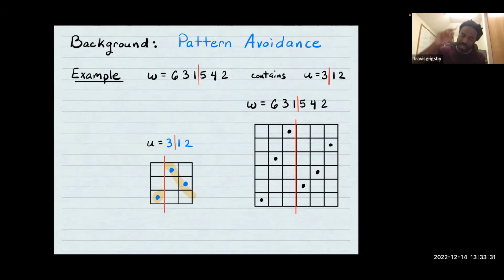I would have to see 2 descending dots on the right-hand side of the division bar, and all of the dots on the right-hand side are increasing. And so I don't contain the split pattern 3 split 1 2 relative to that third position for W. So that's how split pattern avoidance works. And I think maybe there is a typo.